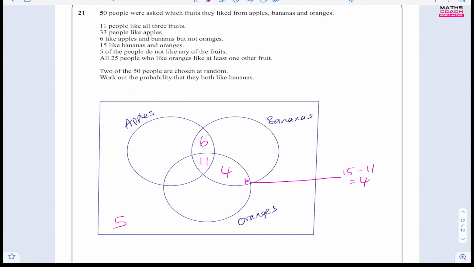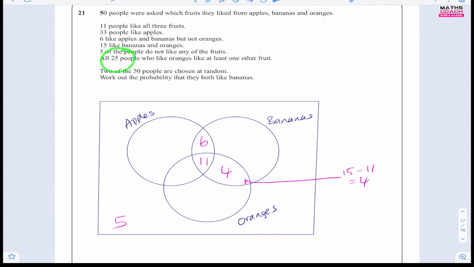Next, it says all 25 people who like oranges like at least one other fruit. So we know now that 25 people like oranges. That means this entire circle has to represent 25. But it does mention that all 25 people like at least one other fruit, which means they don't exclusively like oranges only, which would have gone in this section right here.